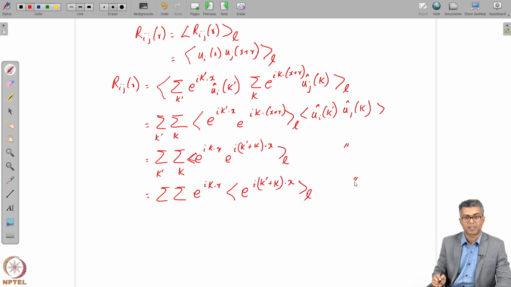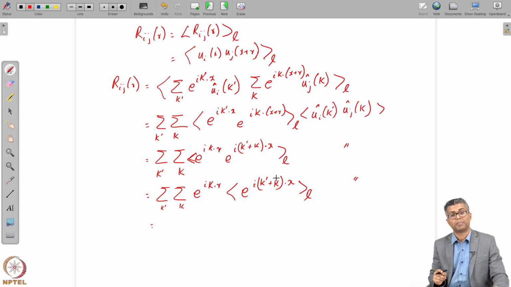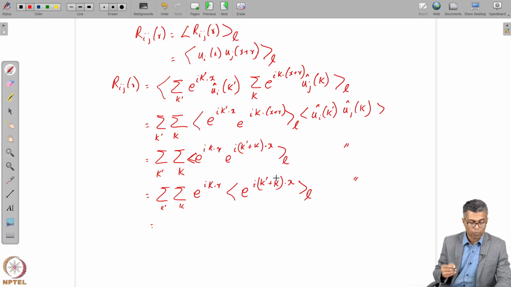Only this term comes in the volume average, and here I can use the orthonormality property. Essentially, over kappa prime and kappa, this is 0 when kappa prime is not equal to minus kappa. So I can bring this down to a single summation.